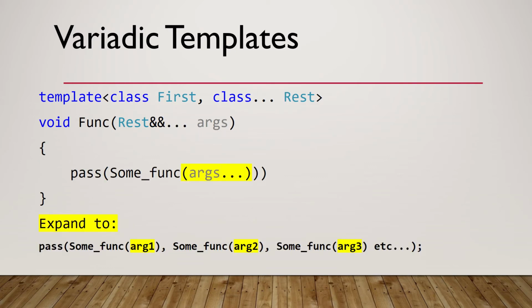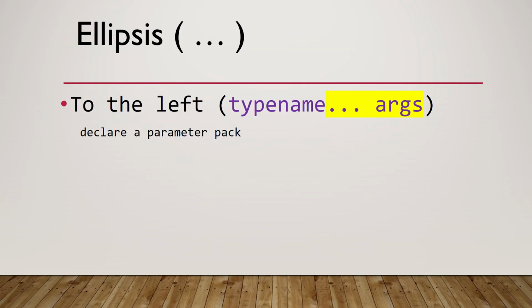The pass function will be essentially expanded and passed to sumFunc as first argument, the second, the third argument, etc.